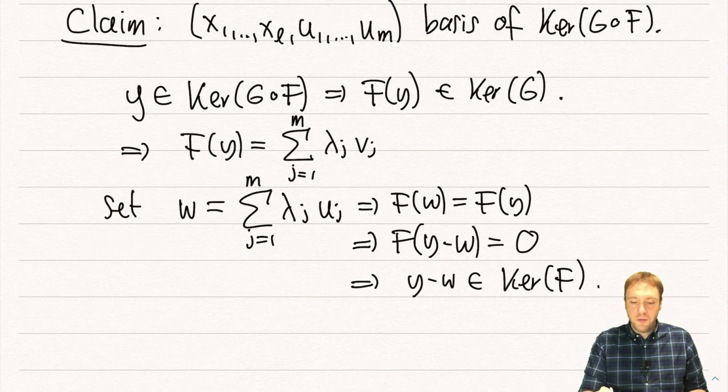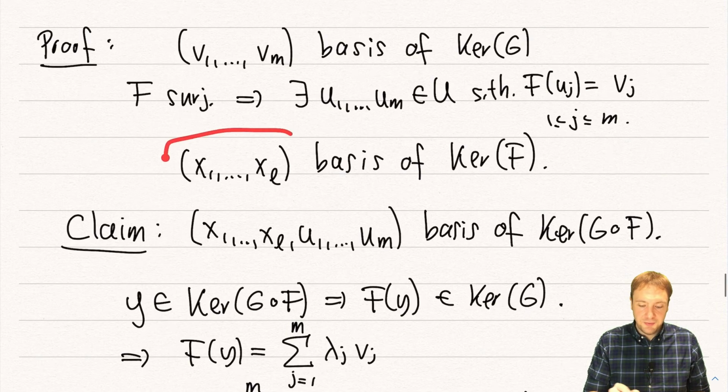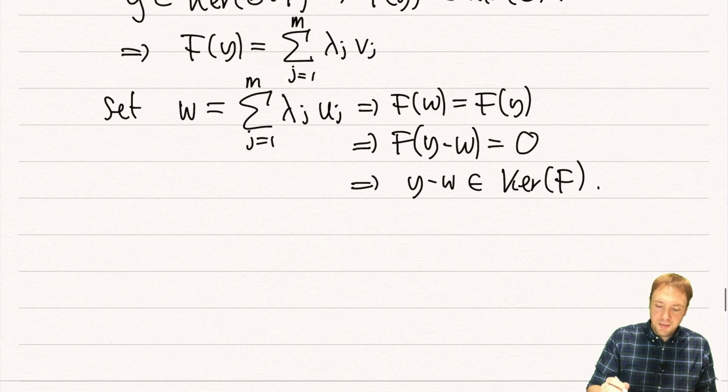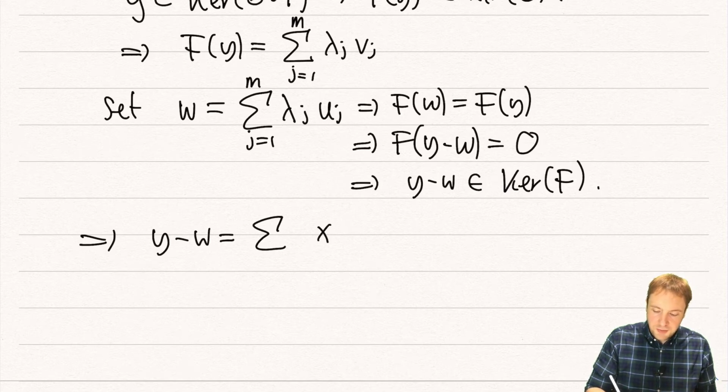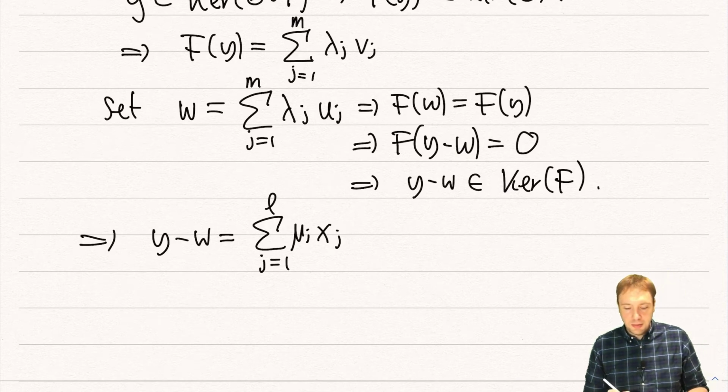And now the kernel of f has a basis given by these x, and therefore y minus w can be written as a linear combination of these xj with some coefficients mu, so the dimension is l.